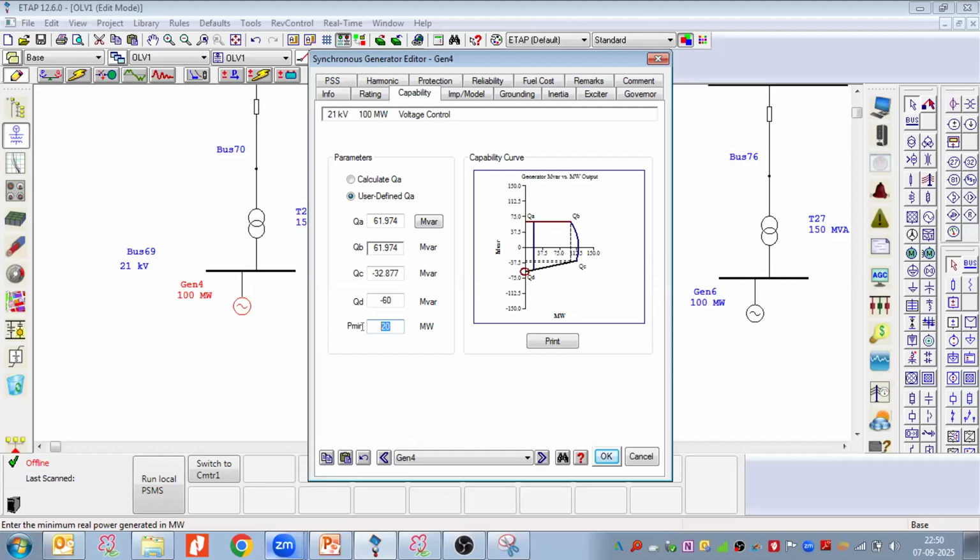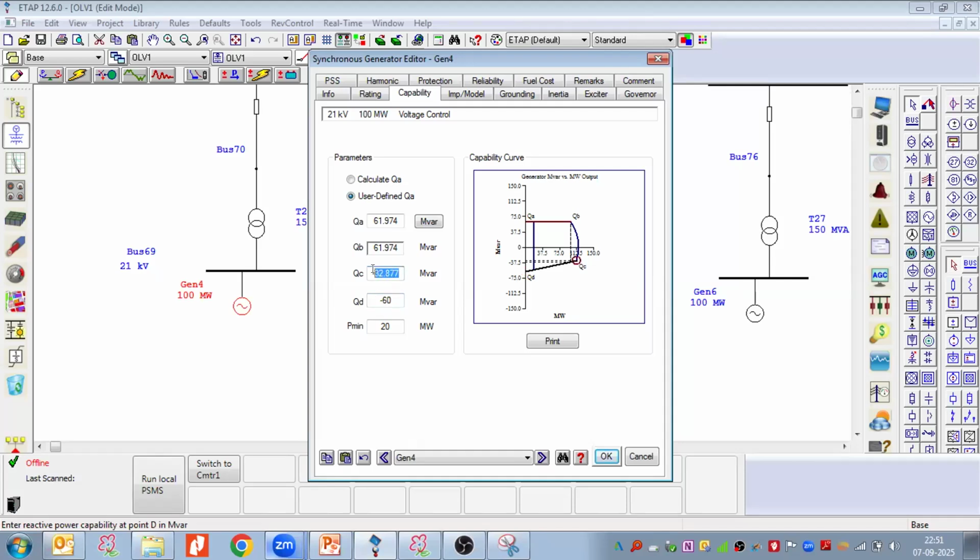So from where is this value coming? Sir, this value we have to ask from the generator manufacturer, because it is the generator capability, how much the generator is capable of delivering. Here I took just one value as an example only. The QD value we generally take near 2 times the QC value.